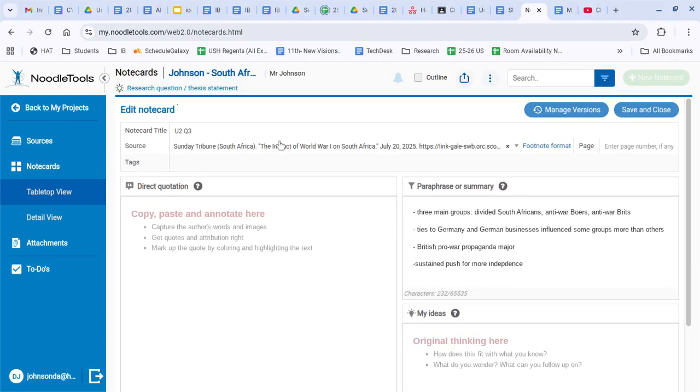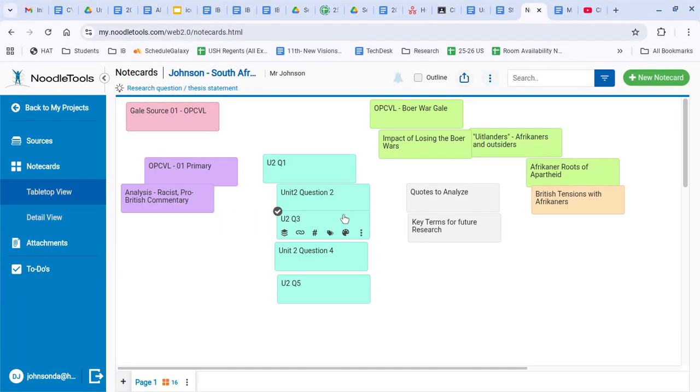Oh yeah, so for example here, the Sunday Tribune, South Africa, the author is not listed. It was a newspaper article, The Impact of World War I on South Africa. That is the name of the article. So what I would definitely want to do here is use for question 3, the title. There's no author name.